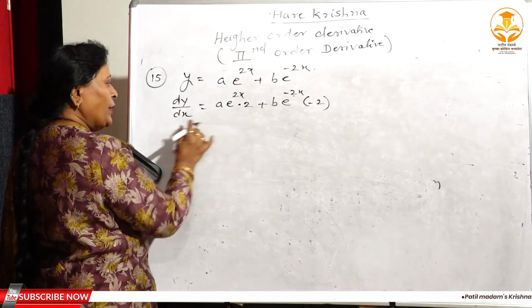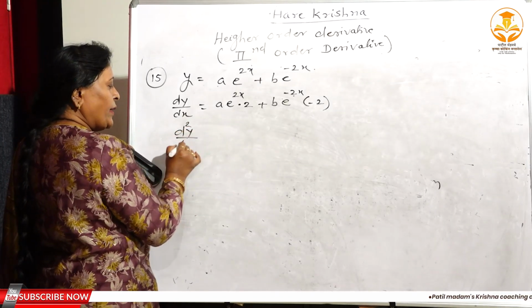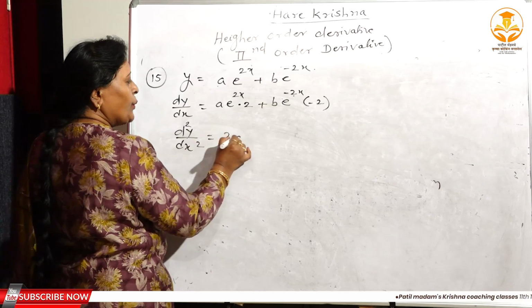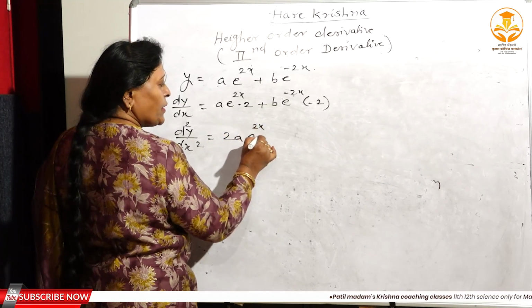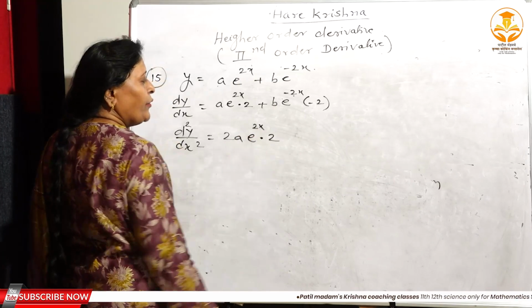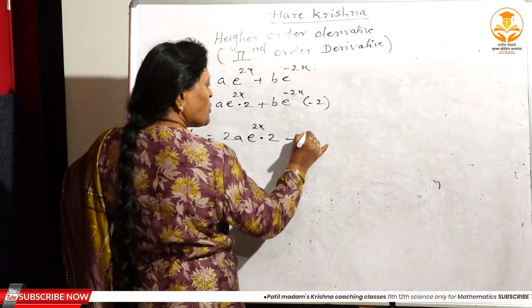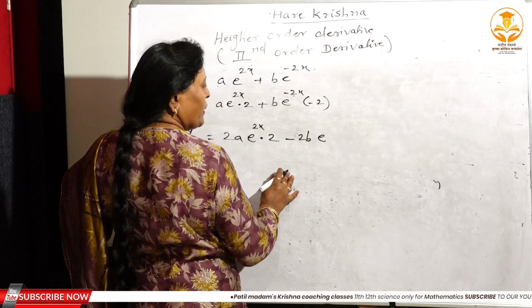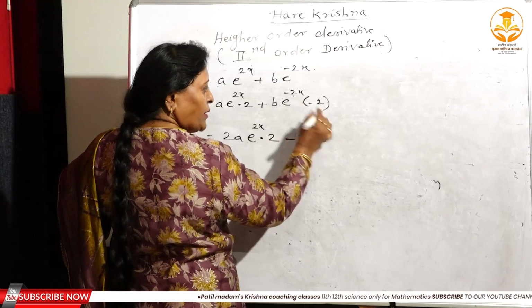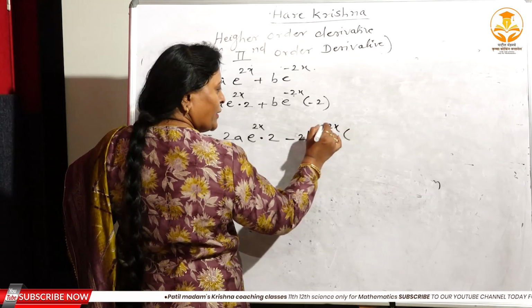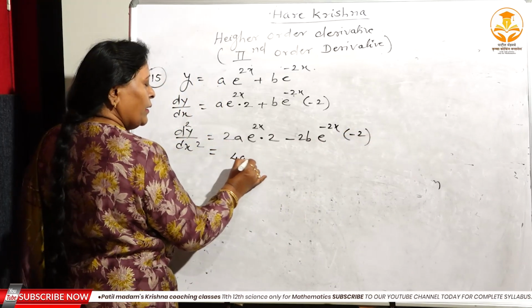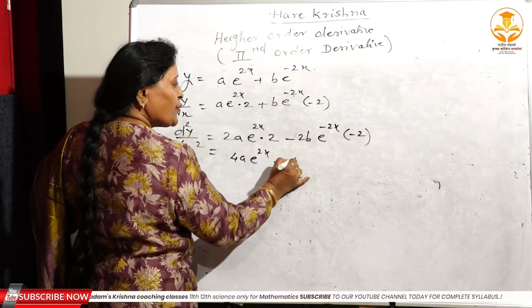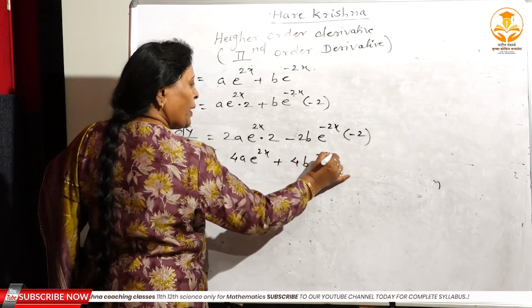Again you have to differentiate, meaning d2y divided by dx square. 2a remains as it is, the derivative of e raised to 2x is e raised to 2x, and the derivative of 2x is 2. Minus 2b remains as it is, the derivative of e to the power minus 2x is e to the power minus 2x, and the derivative of minus 2x is minus 2. This is 4a e raised to 2x plus 4b e to the power minus 2x.